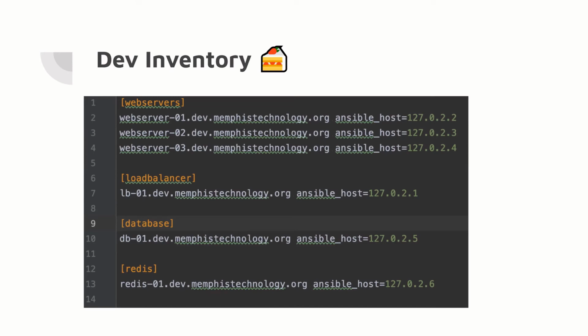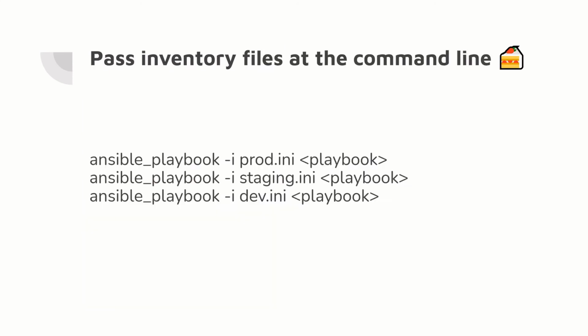I would much rather have tighter control over that than having that automated just yet. Totally personal preference. Now, how do you pass these different inventories into the environment? You can just pass in the prod INI, staging INI, or dev INI, and it will use that inventory file for the playbooks. So this is how you can reuse playbooks in different environments really easily without having to rewrite your playbooks.